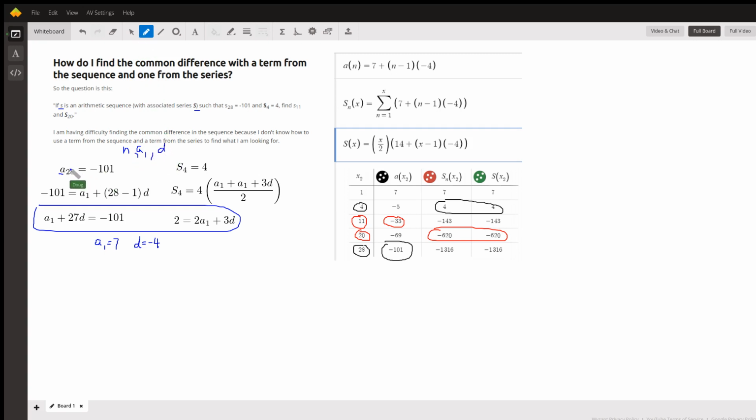But in both cases, this number right here represents the variable n. So now we're down to 2 unknowns. If we could come up with 2 equations, 2 unknowns, we could find a sub 1 and d.